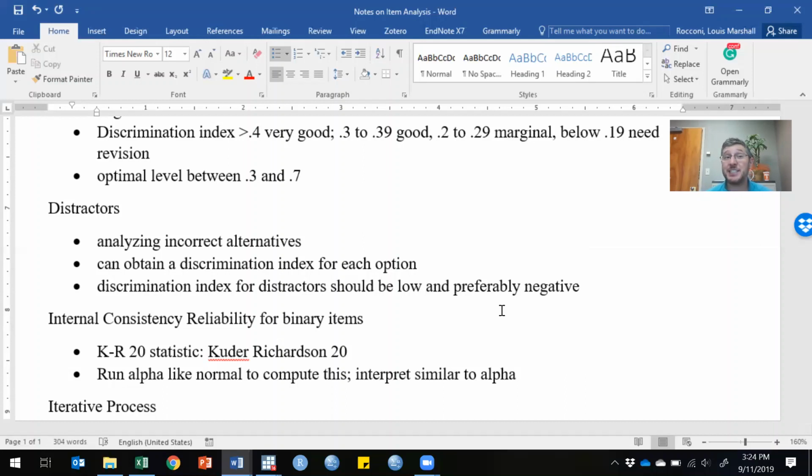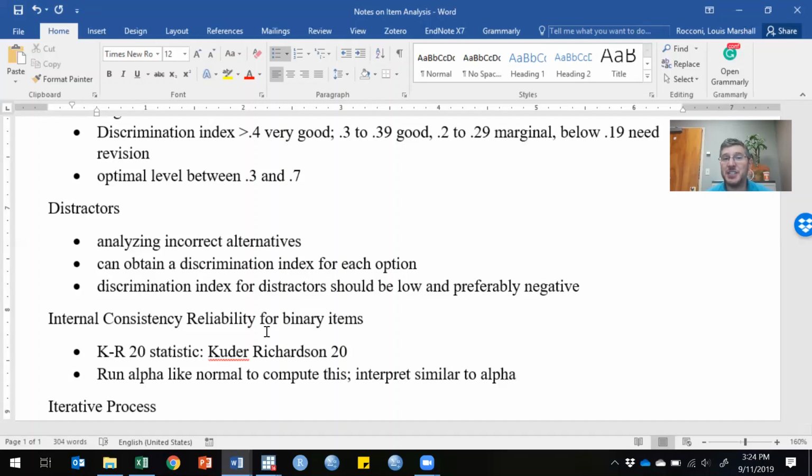Some of these statistics, like some of the discrimination statistics, we can get from just a regular reliability analysis. Typically with a set of binary items, whether you got the question right or wrong, it's really called the Kuder-Richardson 20 statistic, but it's basically Cronbach's alpha.